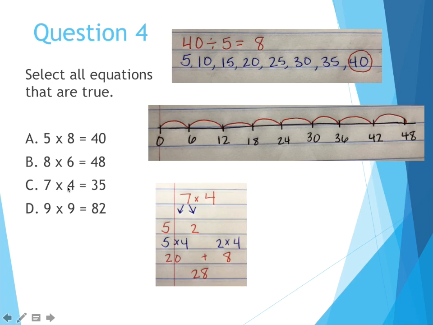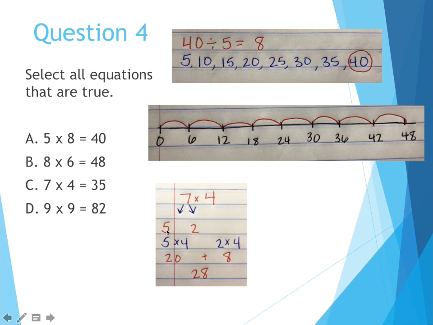So 7 times 4 equals 35. I'm not really that good with my 7s, so I'm going to use the distributive property and split my number 7 apart to create 2 different multiplication equations that I feel really comfortable with. I'm going to break the 7 apart into a 5 and a 2 because I know my 5s and my 2s really well.